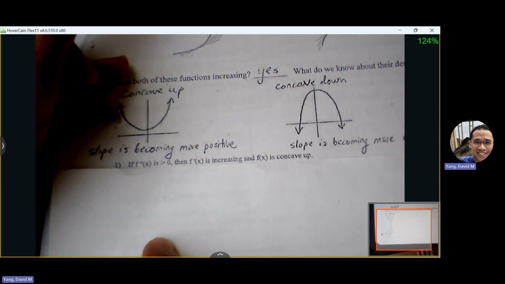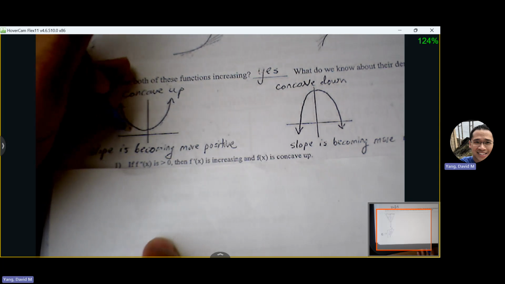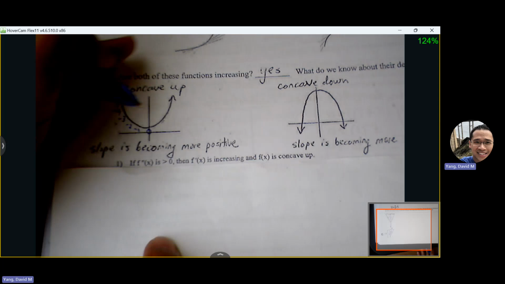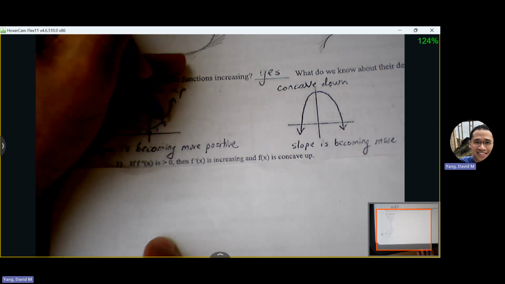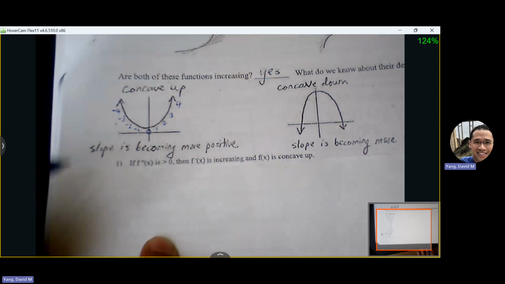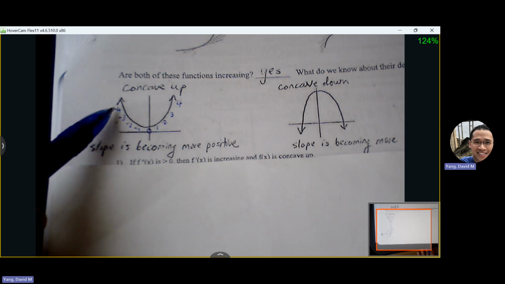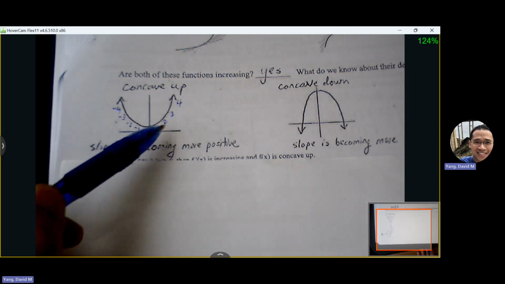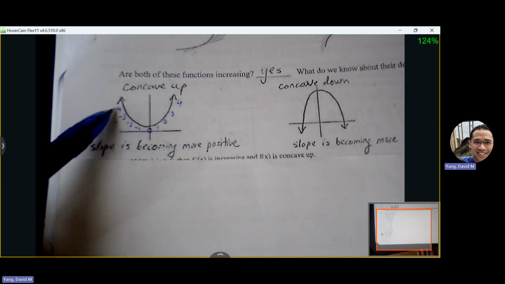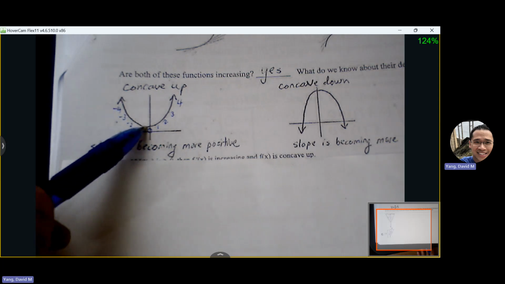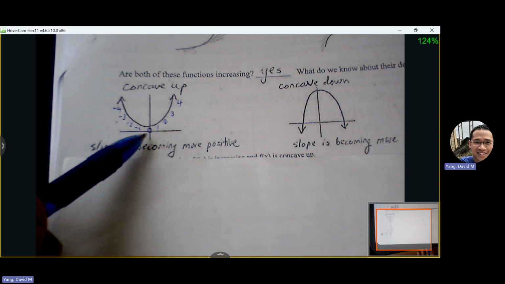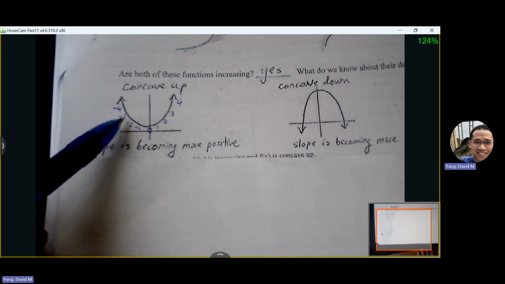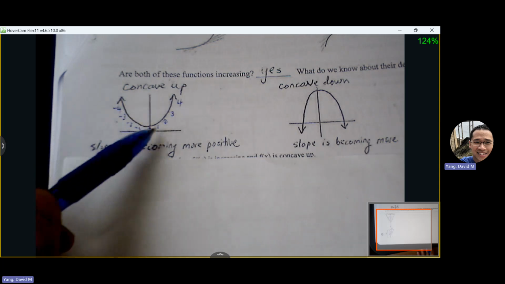Then it goes to -3, then -2, then -1, then 0, and then 1, 2, 3, 4. All these numbers are moving towards a positive, they're becoming more positive. So whenever my slope is becoming more positive, it's going to take on this U shape.